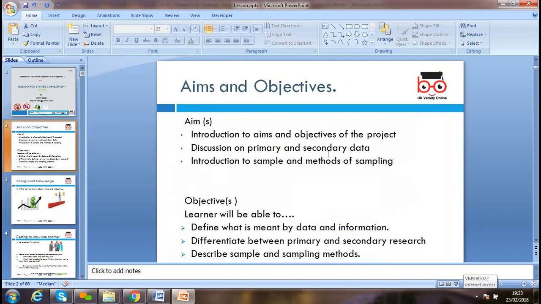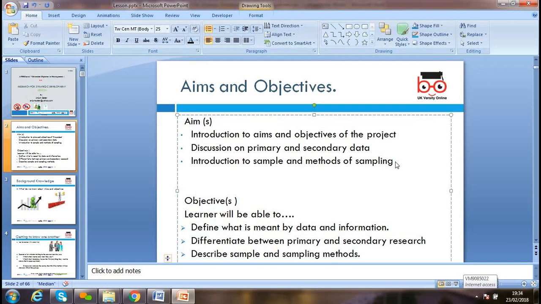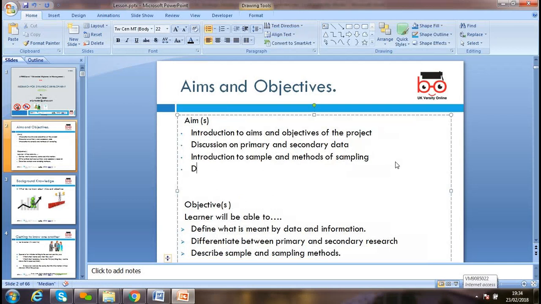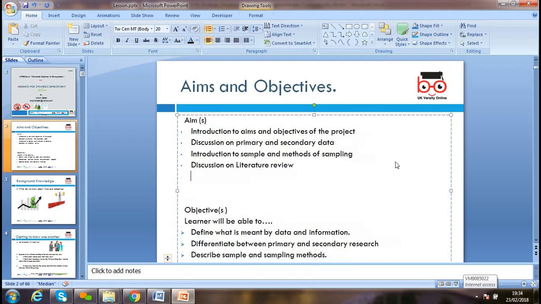So today we'll go through an introduction to aim and objective. We'll discuss primary and secondary data. We'll go through sampling methods. Our discussion will be on literature review, and our explanation will be on data analysis methods.